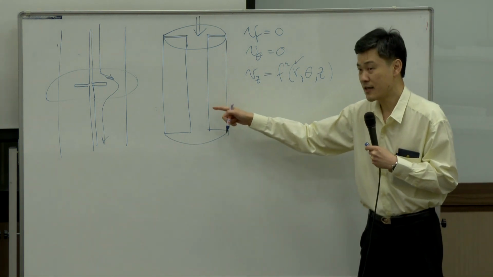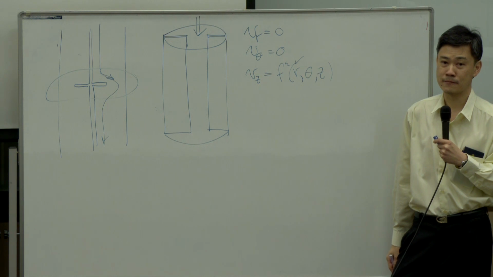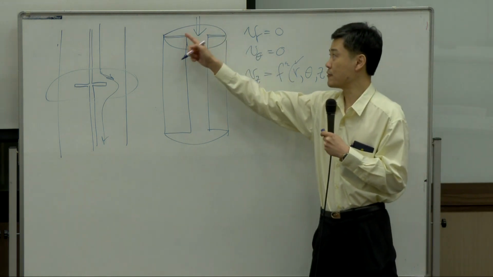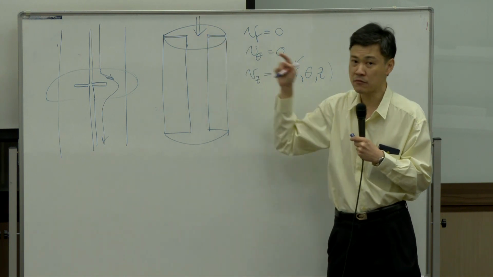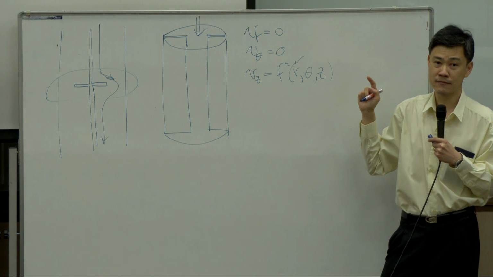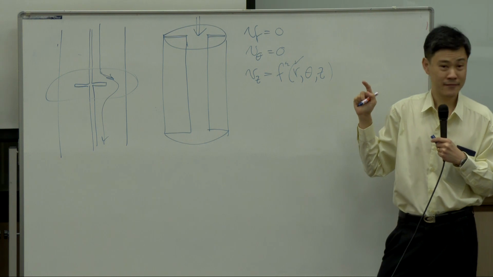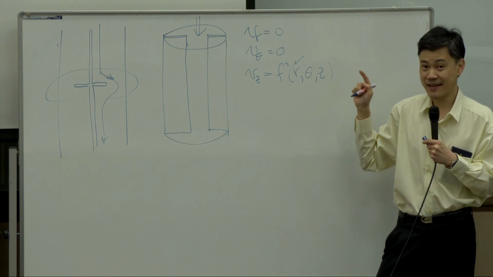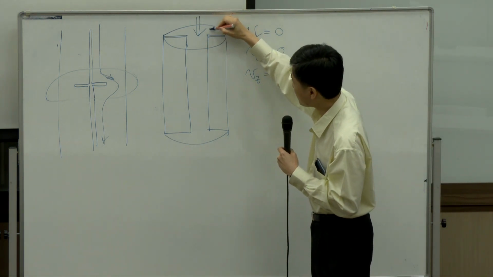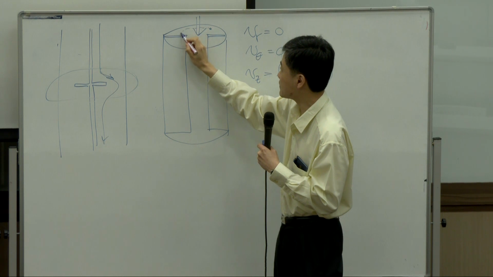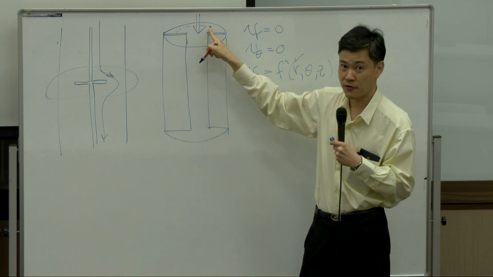In this picture, is Vz a function of theta? You go around in the theta direction. Does Vz change when you go around? Can you see that it does? Because here, let's say you start from here, going around under the same radius. Here velocity is not 0, right?